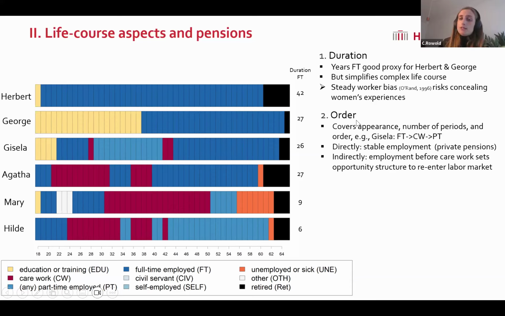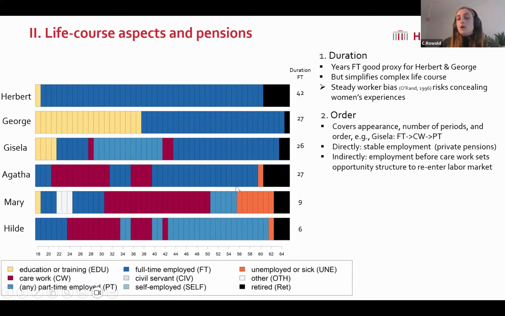But order here in the study also covers whether or not individuals have experienced, for example, care work or part-time employment at all in their life course, and also the number of periods they have experienced this. For example, Mary has experienced only one care work period, Agatha two, and Hilda three.